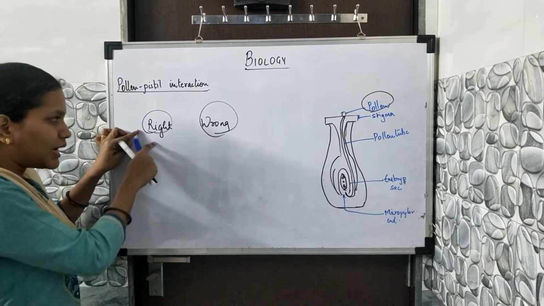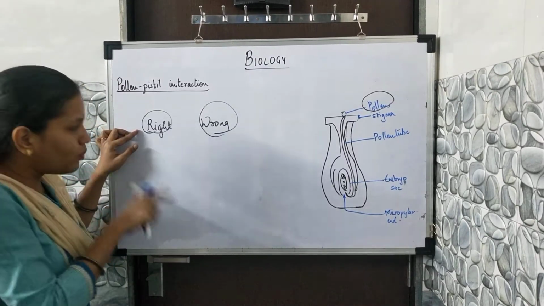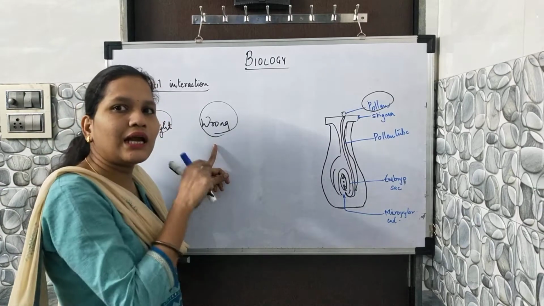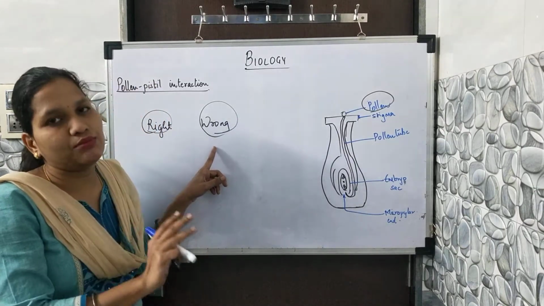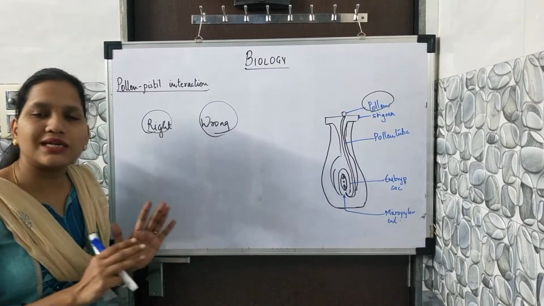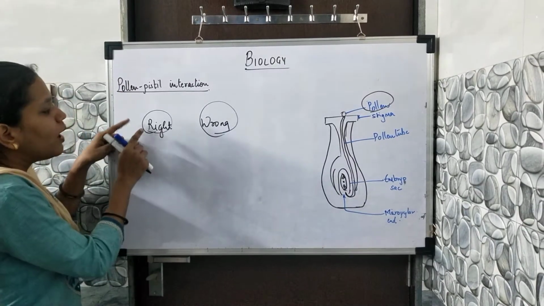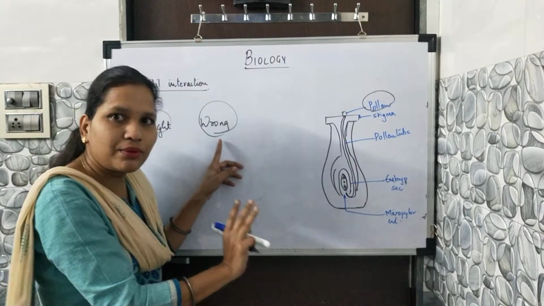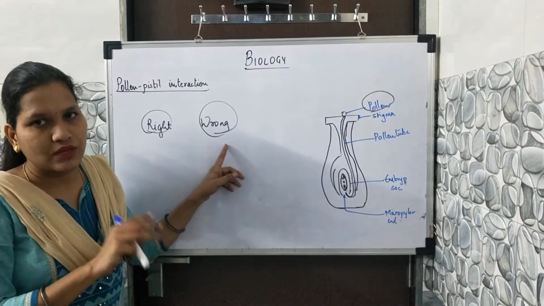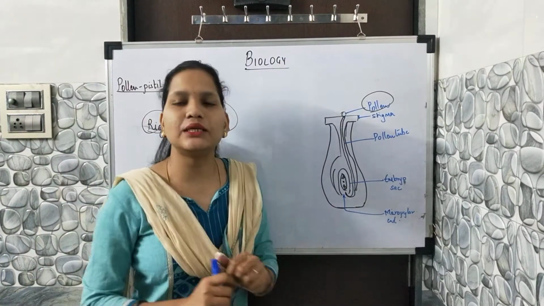This is compatible with the stigma, whereas this is incompatible for the stigma or the pistil. So what is the stigma supposed to do? It is going to promote the right type of pollen and inhibit the wrong type of pollen.